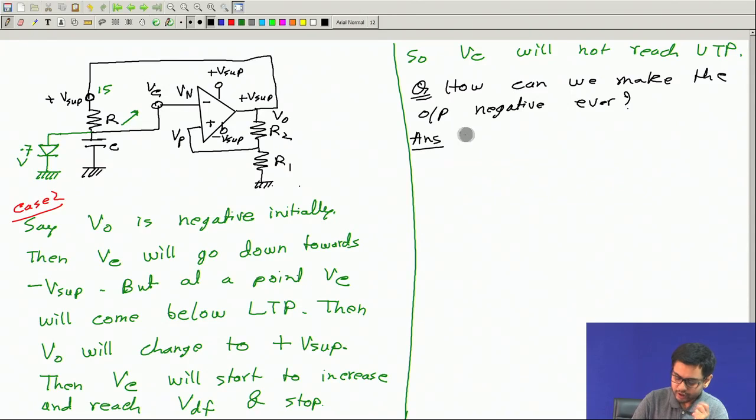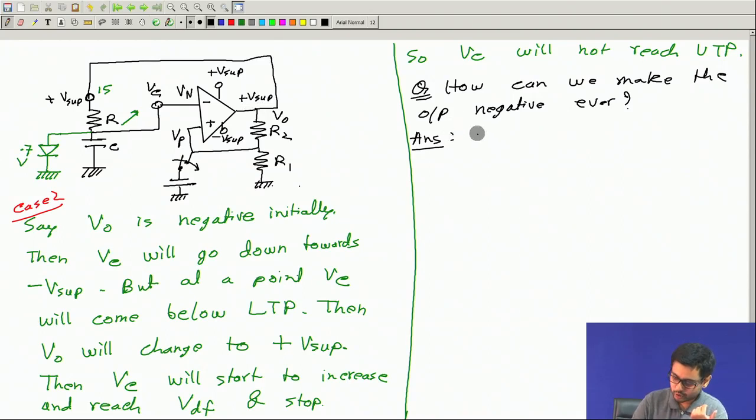So for example, one possible way is take a battery and connect it. If you connect this, then this negative voltage is directly coming here, right? So the output will be directly negative, and if this is lower than Vn, the output will be negative.